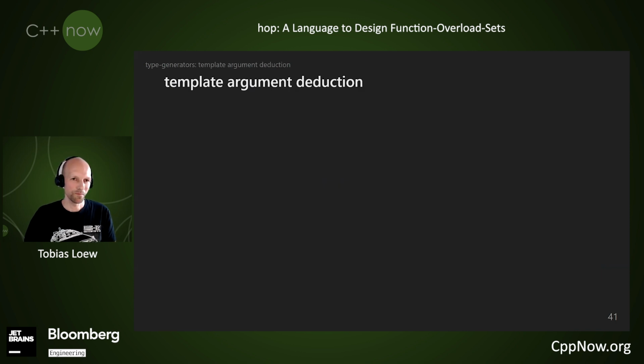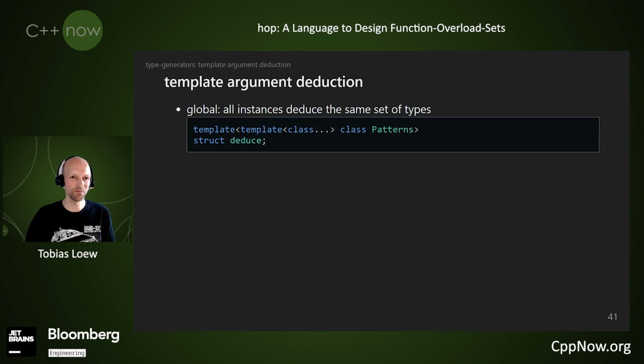So next is template argument deduction. And this gave a lot of headache. So we want to have two or even three styles of them. We want to have global type deduction, which is more or less the usual type deduction, where all instances deduce the same set of types.